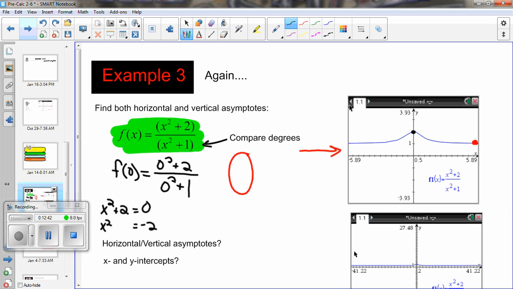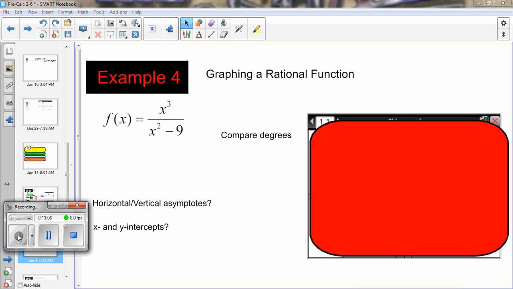So my end behavior is going to look like a line with a slope of 1. And that's because we're comparing x cubed over x squared. Vertical asymptotes at 3 and negative 3.